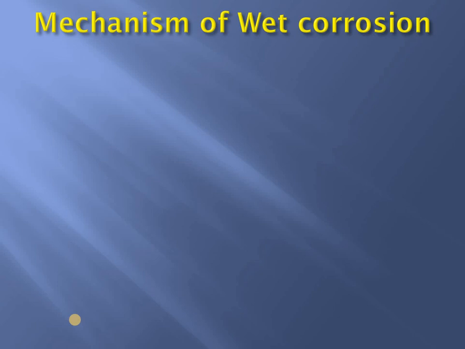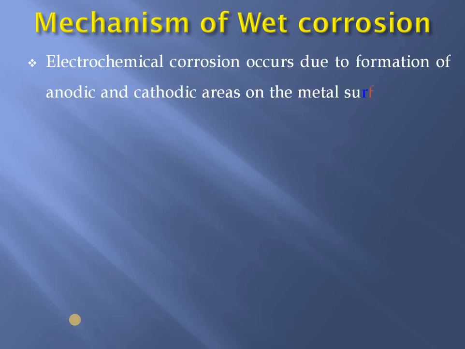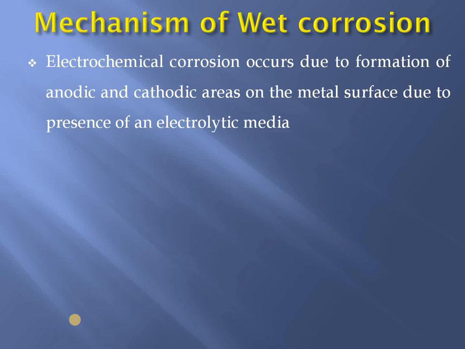We know that wet corrosion is the corrosion occurring on the metal surface due to the formation of anodic and cathodic regions, leading to formation of a short-circuited galvanic cell, and hence electrochemical corrosion occurs due to the formation of anodic and cathodic areas on the metal surface when the metal surface comes in contact with an electrolytic medium. The electrolytic media may be an aqueous solution of either acid, neutral salt, or base.